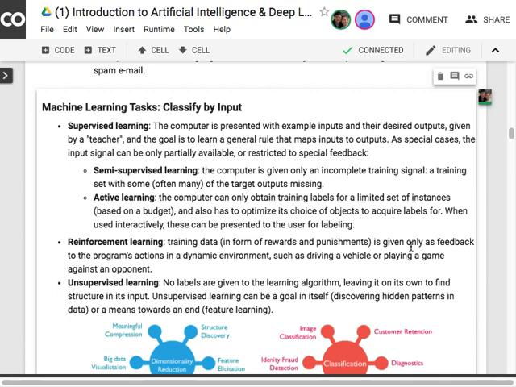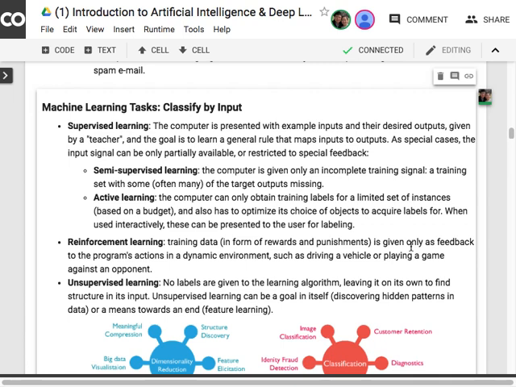Active learning interacts with the human supervisor all the time, letting the human tell them bit by bit on the data. So this is the part of supervised learning in machine learning.